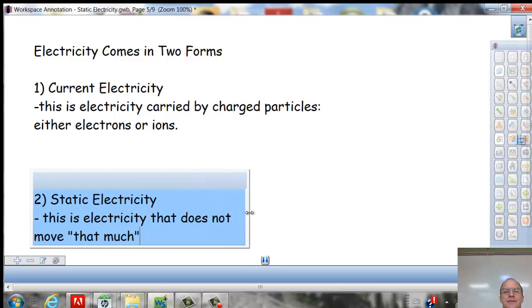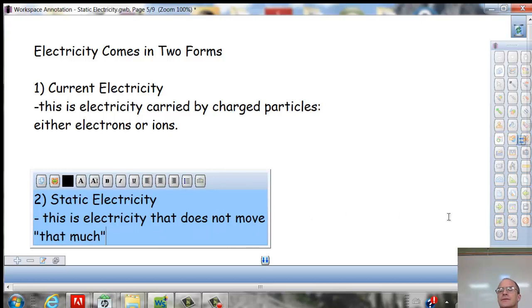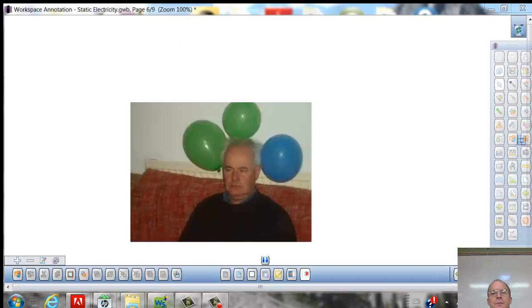Now, static electricity occurs whenever there's an imbalance between two charged objects. As you can see with this gentleman here, there's an imbalance between the static charge on the balloons and the static charge on his head.